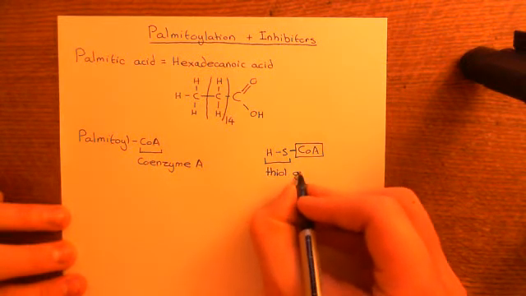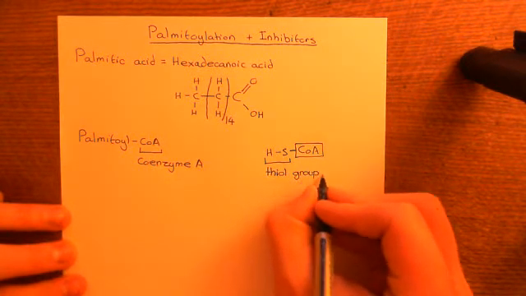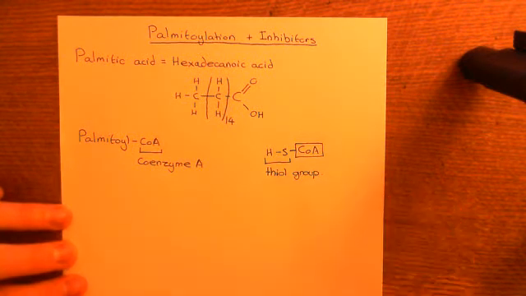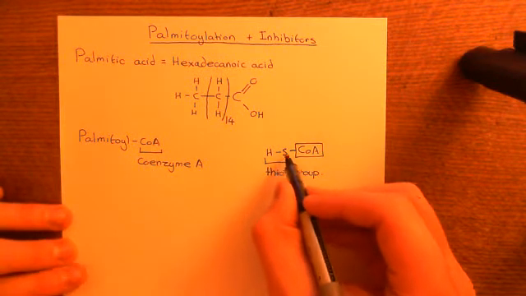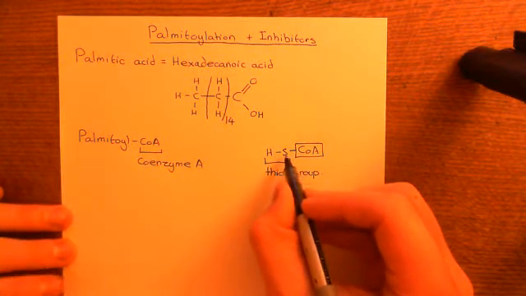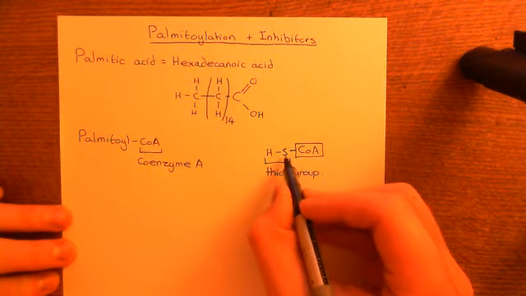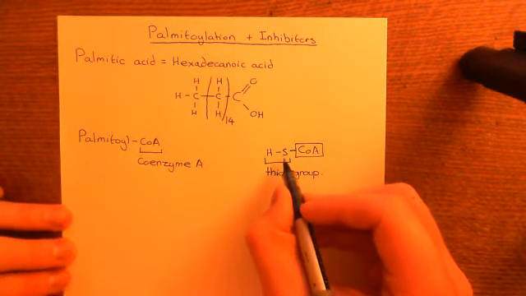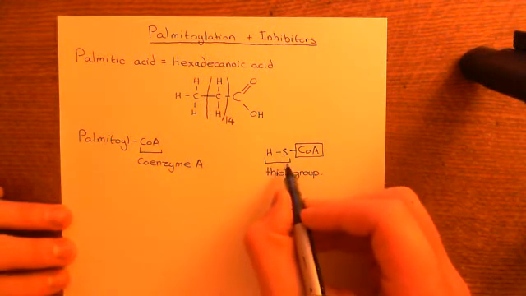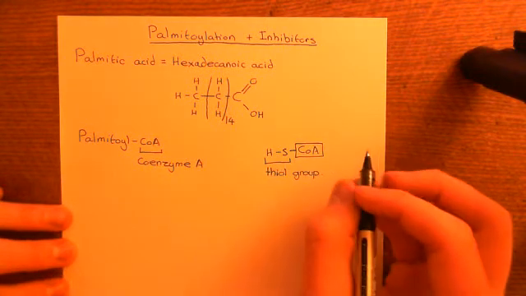I would urge you to think of thiol groups as being very similar to alcohol groups. Sulfur is in the same group of the periodic table as oxygen, so if you were to substitute this sulfur with an oxygen, that would be an alcohol group. As sulfur is in the same group as oxygen, it has very similar chemical properties, so this is very similar to an alcohol group.